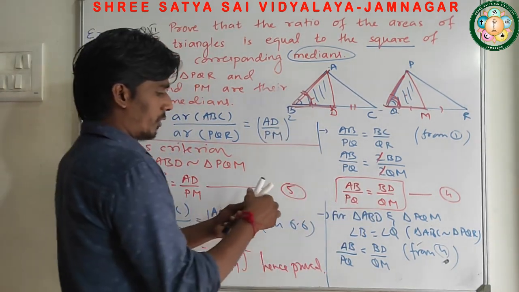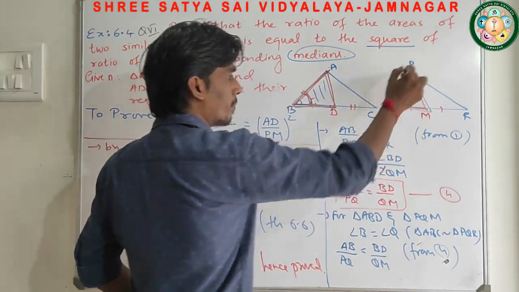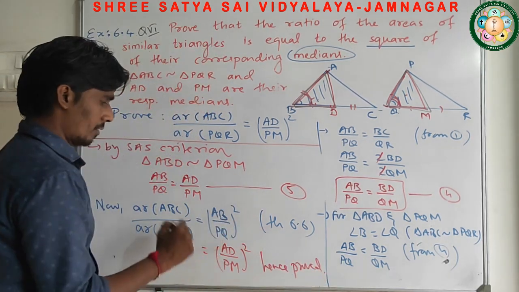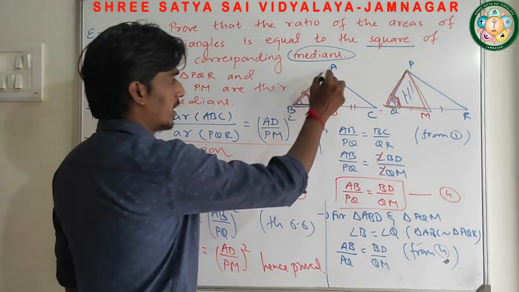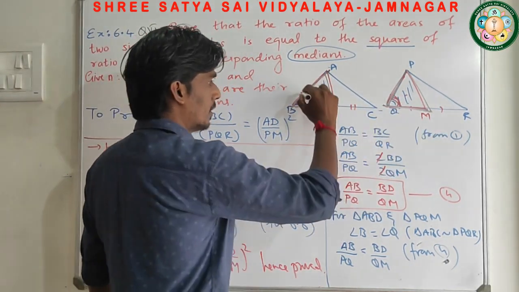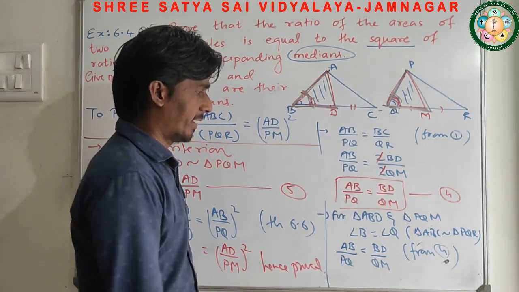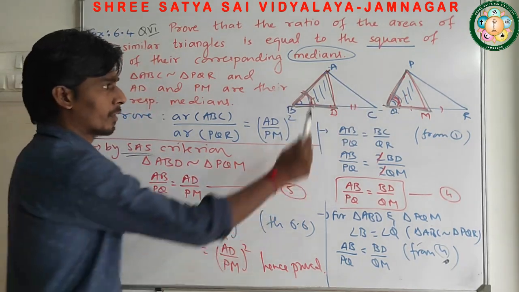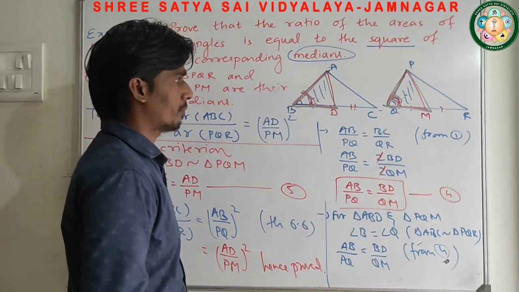Then we proved these 2 triangles similar. This ABD similar to PQM by using side angle side criteria. This AB upon PQ is equal to what, BD upon QM, and the angles are also equal. So by using this side angle side criteria, we can say that these 2 smaller triangles are similar.